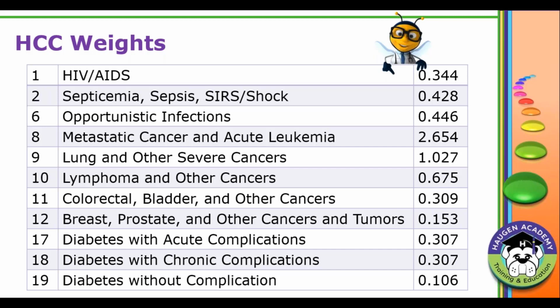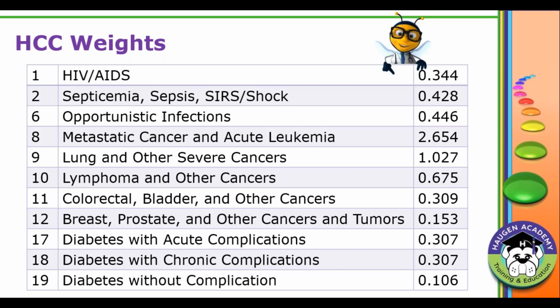This gets a little confusing sometimes, but if you look at HCC 19, which is diabetes without complication, it doesn't have a higher risk factor than HCC 1. It's just the number assigned to the HCCs, and there's also some numbers that are just completely skipped. You'll see this goes 1, 2, and then 6.